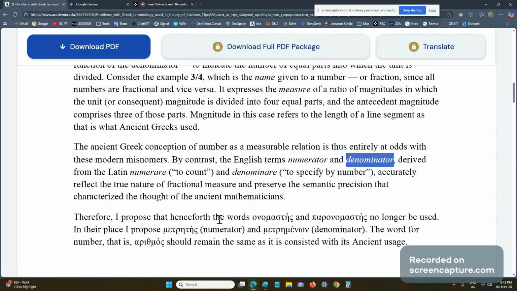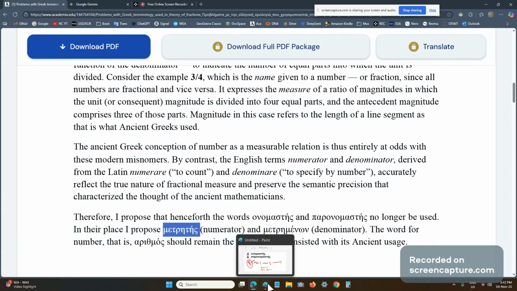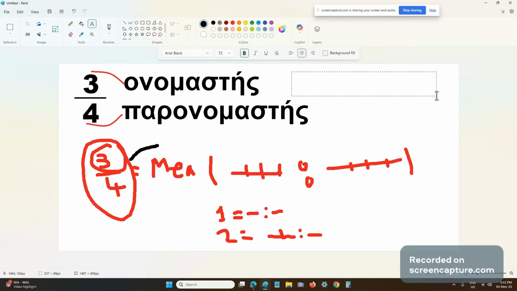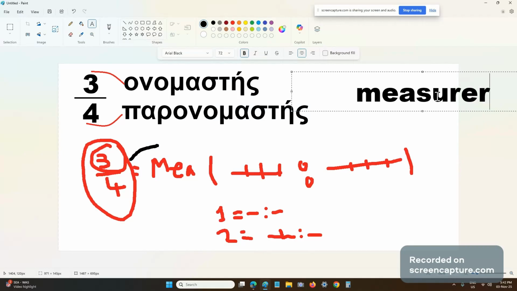I would actually prefer to say that the numerator is the measurer, or metritis, and the denominator is the measured, or the metrimenon. So in other words, rather than call this 3 the numerator, I would call it the measurer, and the bottom one I would call the measured.